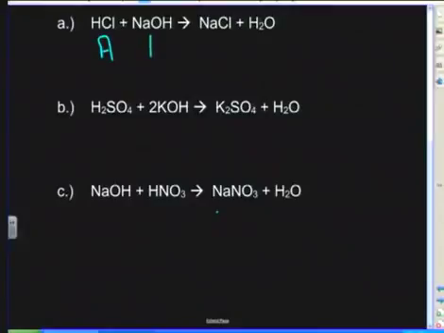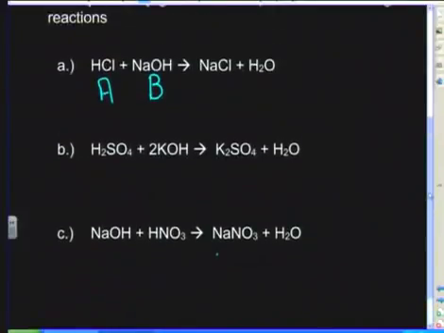Sodium hydroxide is a base. Oops. Let me make it look like a B. Is a base. No one should hopefully be screaming at the TV just yet. Now I'm going to go, okay, what is actually happening here is the HCl is donating its proton to the NaOH. Okay. So we're happy with that.